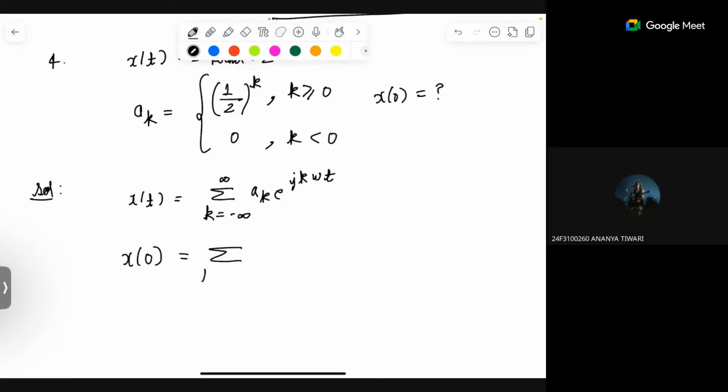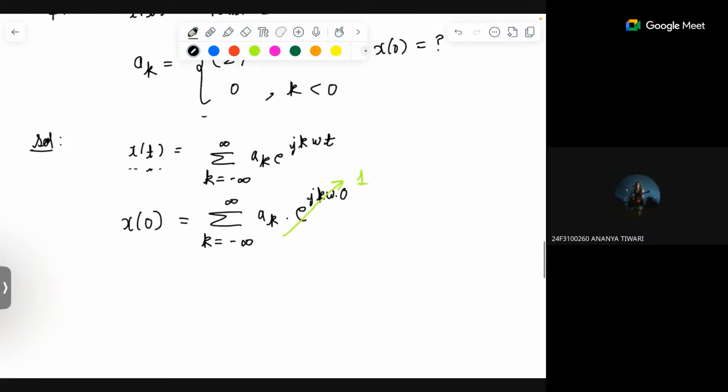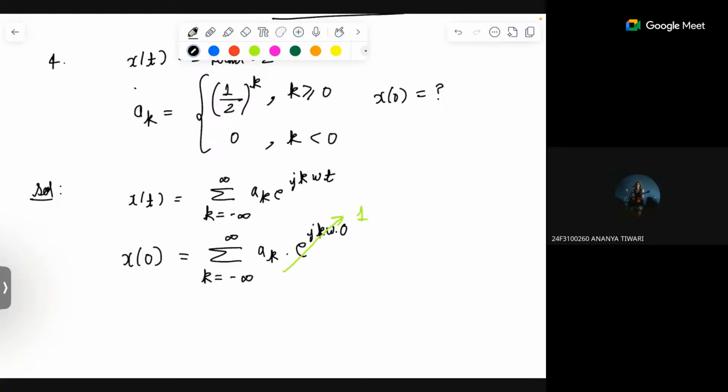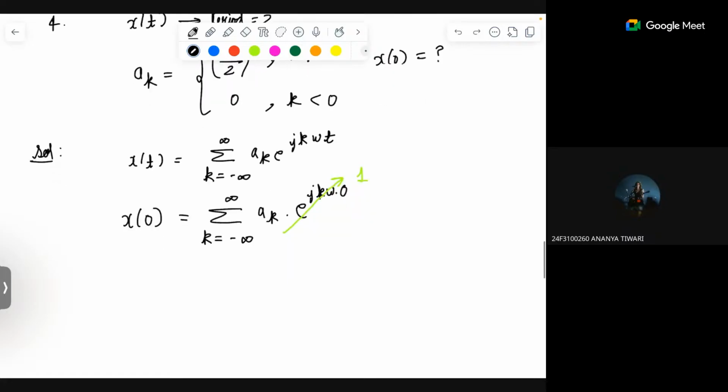When I do that, I get the summation from minus infinity to infinity of a_k e raised to the power of j k omega 0, so that becomes e raised to the power of 0, and e raised to the power of 0 is 1. So this is what I have left in my summation. Now let us substitute the value of a_k. It is 0 for k less than 0. For k greater than or equal to 0, it is half raised to the power of k.